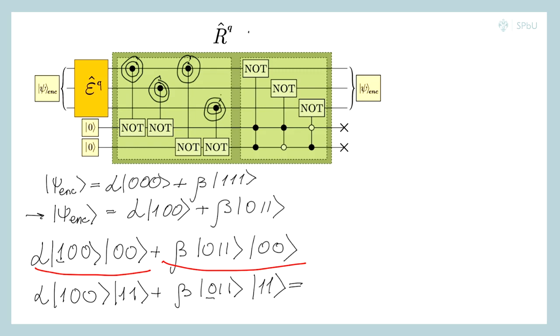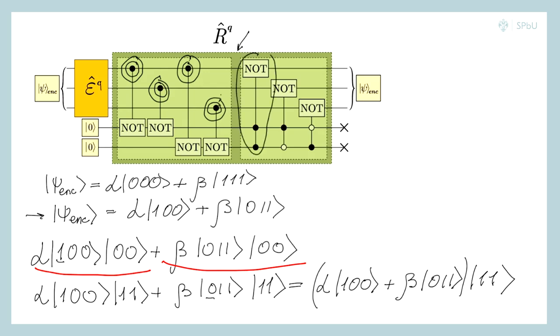That's why, by this time, our state is alpha 100 plus beta 011, actually multiplied by 11. Such a syndrome will lead to the first CCNOT element, which is here, being triggered only.